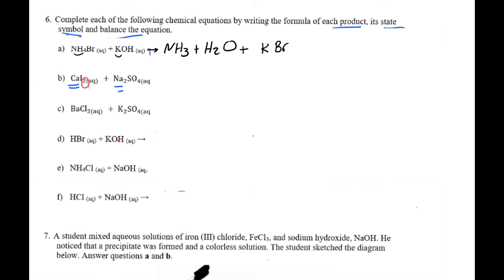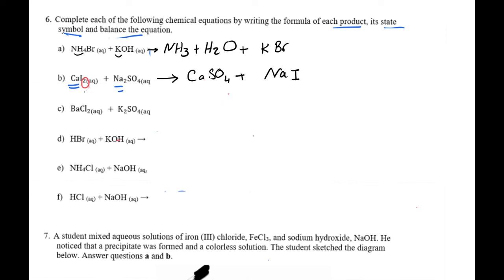Second question, calcium iodide plus Na2SO4, sodium sulfate. Also don't change the position of the cation, and the anions exchange. So Ca will take SO4 and Na will take I. Remember that the 2 is the valency of calcium. Here we don't need to write any subscript because both calcium and sulfate are divalent and they cancel out.